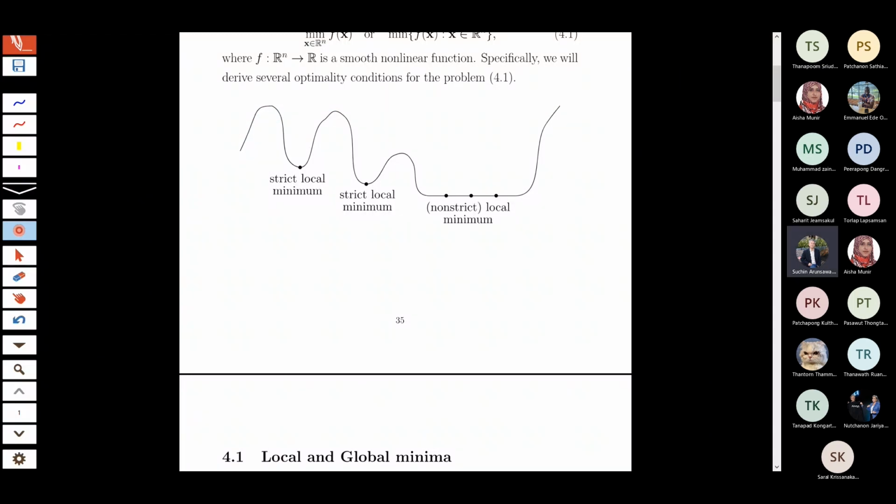In this figure I show you the various types of local minimum. Here you see that we have a local minimum and a global minimum.